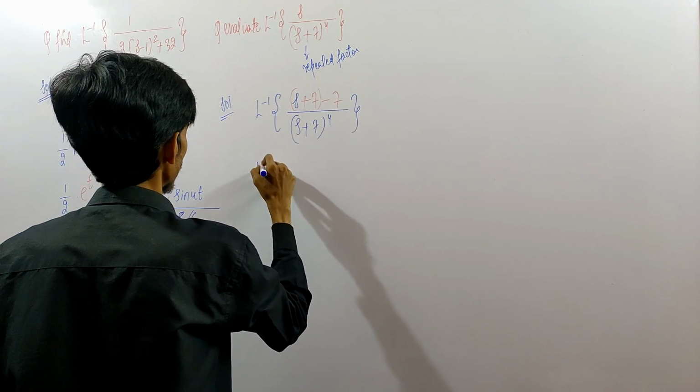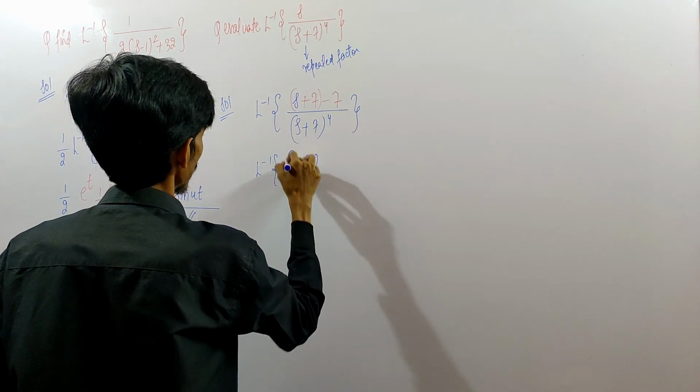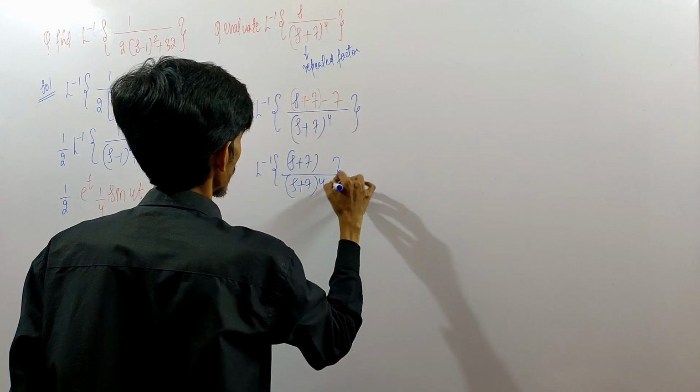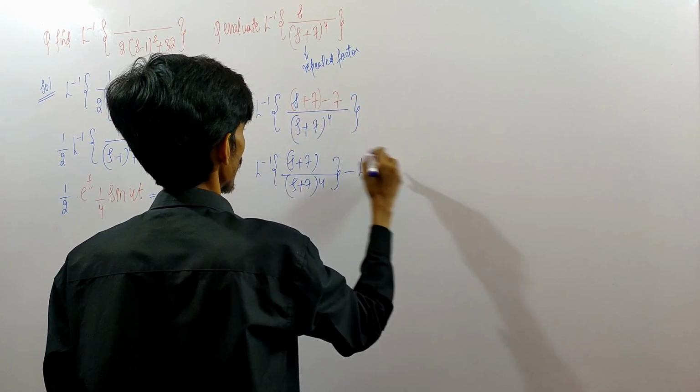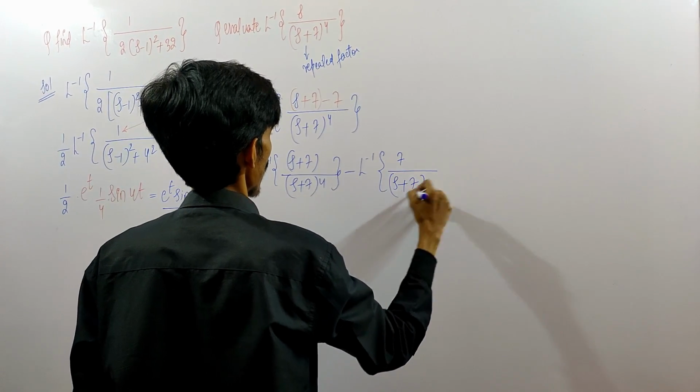Now separate the numerator. We have L inverse of (s plus 7) divided by (s plus 7) whole power of 4, minus L inverse of 7 by (s plus 7) power 4.